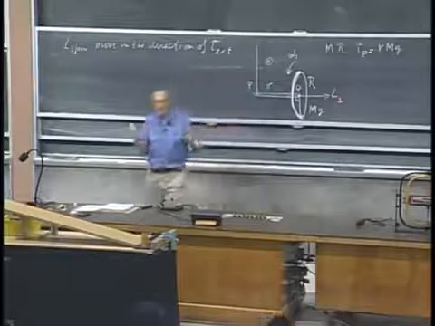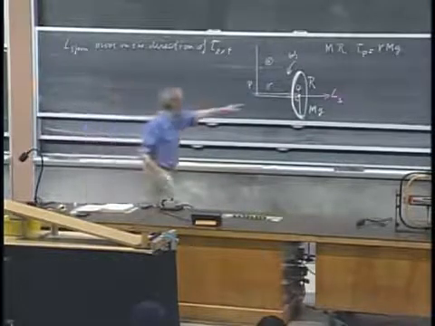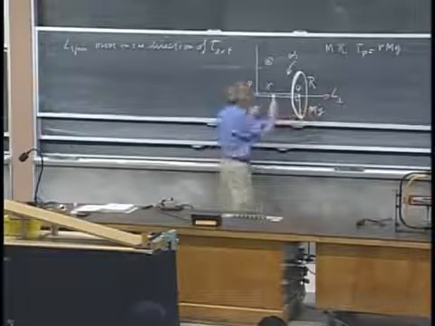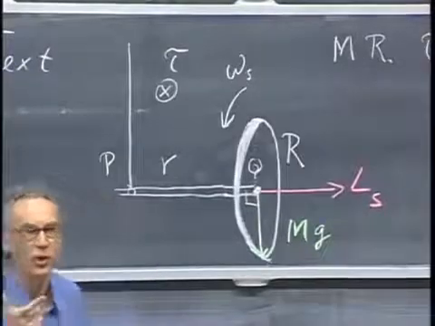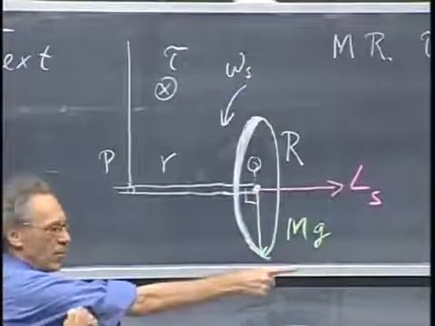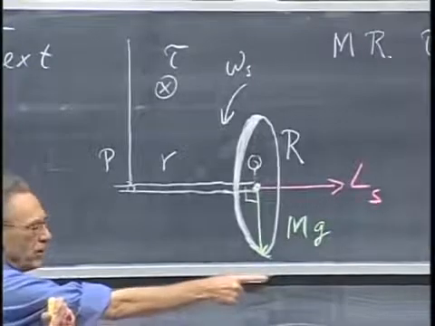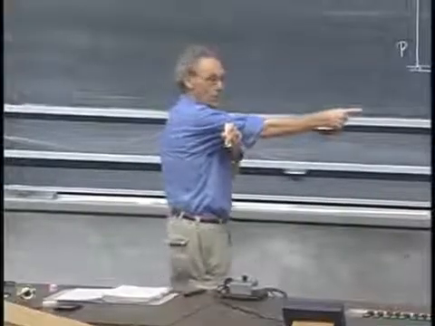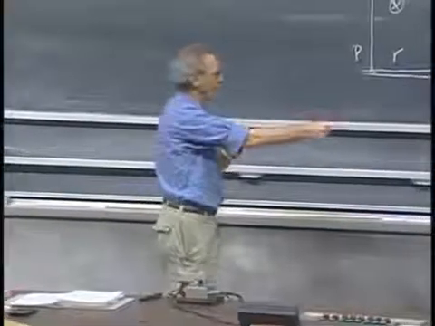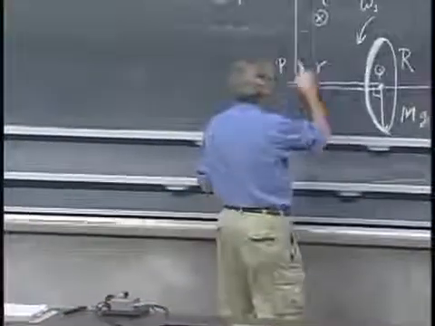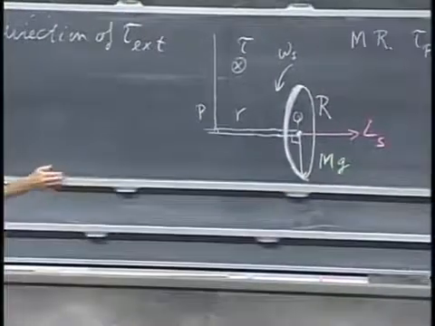Nature, gravity, provides that torque. What will the spin angular momentum do? It's going to move in the direction of the torque. It's going to chase the torque. So what will it do if the angular momentum is here? It will do this. And as it moves, the torque will always be perpendicular to the plane, to the string, and R. You can just see that for yourself, why that is.